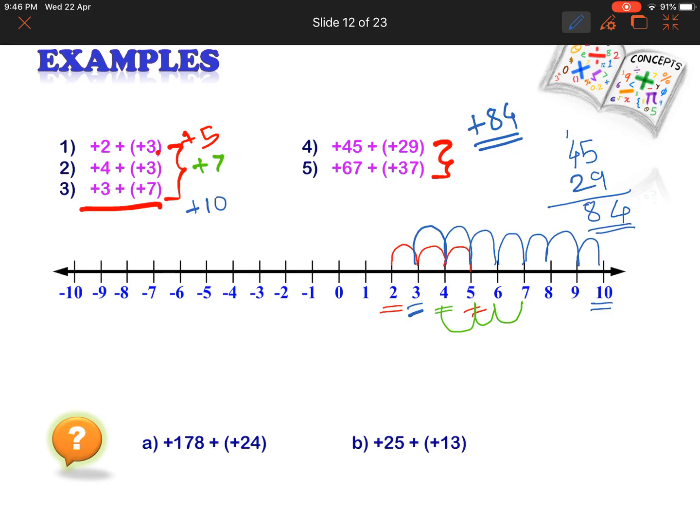Okay, now the last example, that is 67 plus 67. The absolute value of plus 67 is 67 and the absolute value of plus 37 is 37. So the addition is 104, the answer is plus 104. Now write down these examples in your notebook, find out the answers and check the answers at the end of the video.